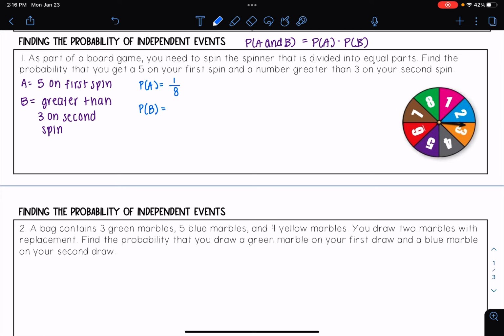Probability B, I want to see what the chances are of spinning greater than 3. And I see the amount greater than 3 is going to be 4, 5, 6, 7, 8, which is 5 options in total out of 8.